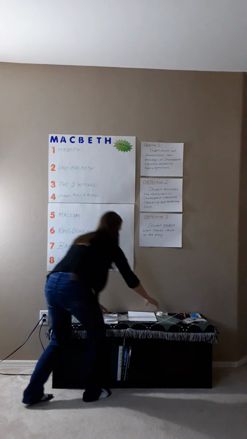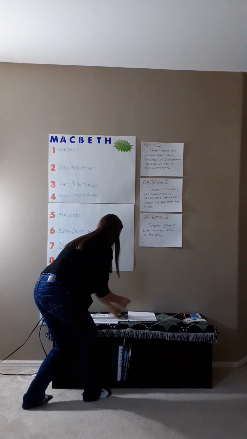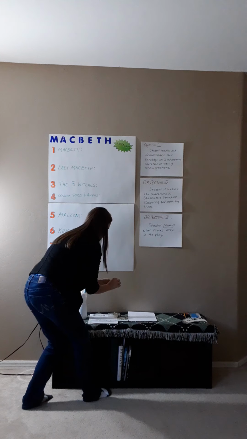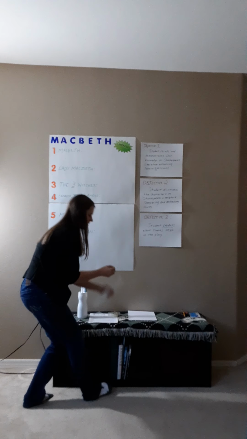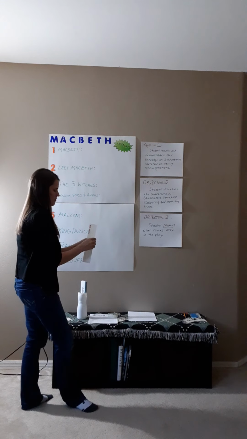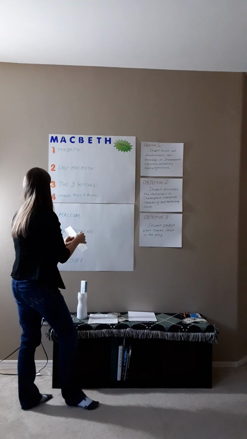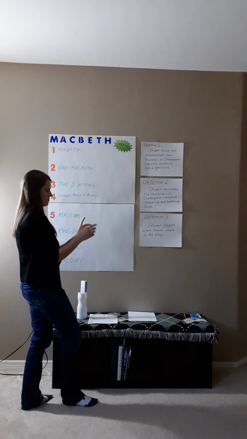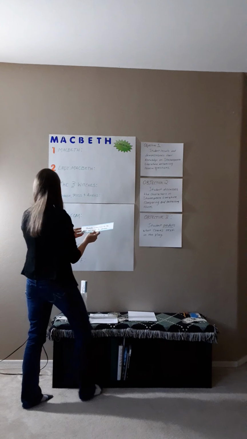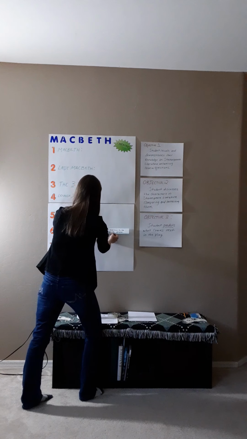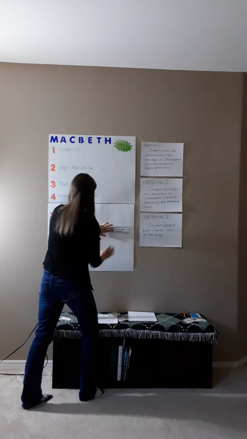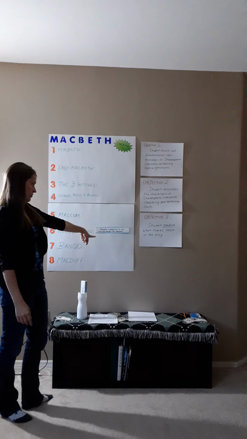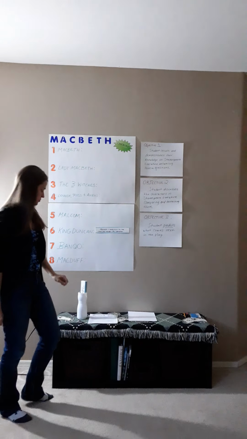Correct, King Duncan. So I'm just going to go ahead and put this. And your cards will have magnets on them to make it faster for you. So King Duncan. Macbeth is ambitious for the crown and murders this individual.